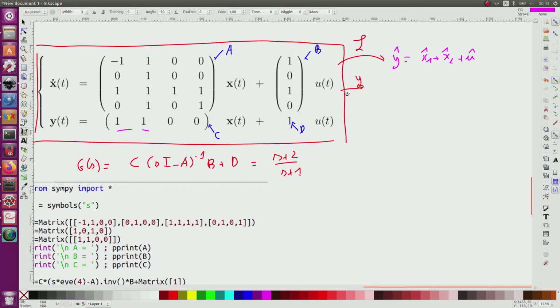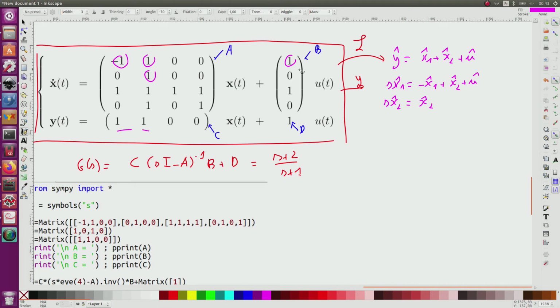Now, due to this equation, I need s x hat 1 equal to minus x hat 1 plus x hat 2 plus u hat. I also need x hat 2, so s x hat 2 equal to x hat 2.